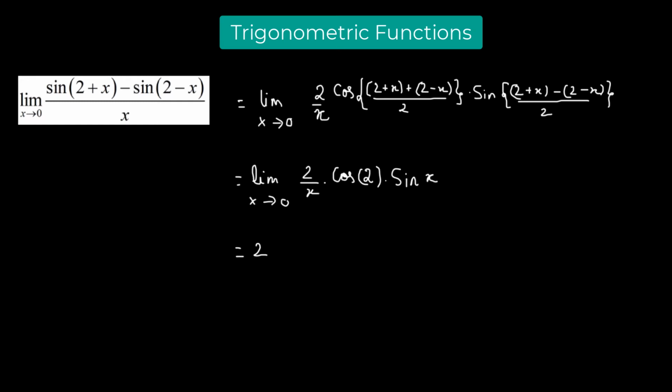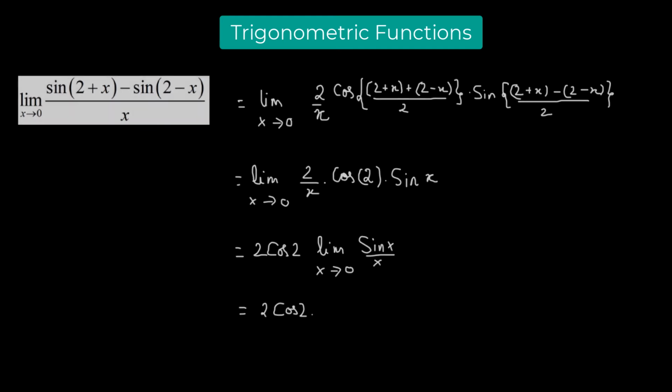So we have 2 times cos of 2, which is a constant, times the limit as x approaches 0 of sin x over x. By definition, the limiting value of sin x over x is 1. So we have 2 times cos of 2. This is going to be the limiting value of the given function when x approaches 0.